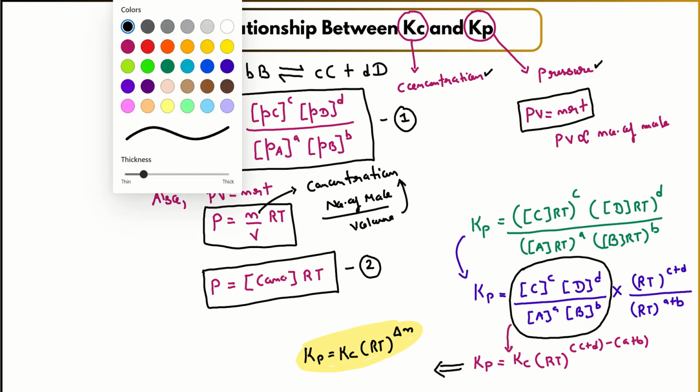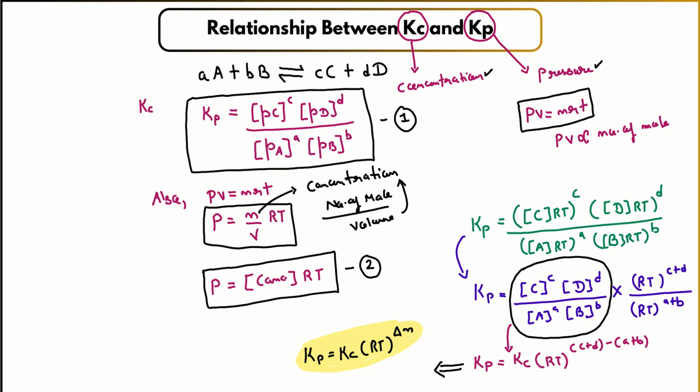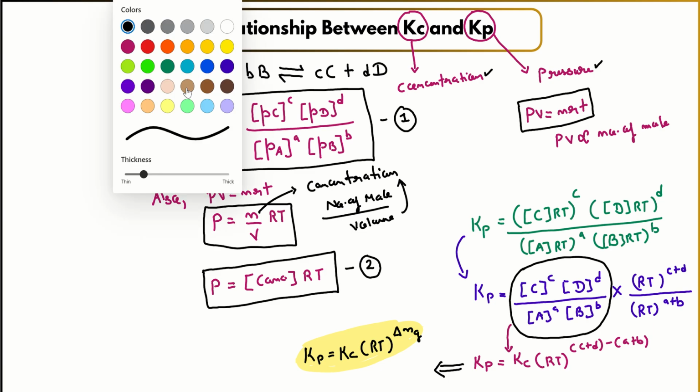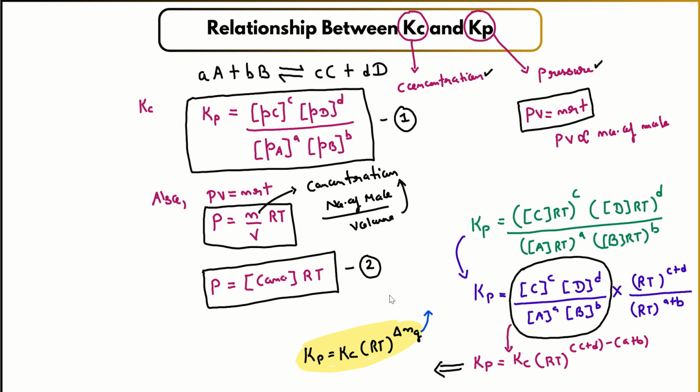Now guys, one final rule you have to remember: below this n you have to take a small g, and this small g denotes that you have to take the number of moles of gases only.